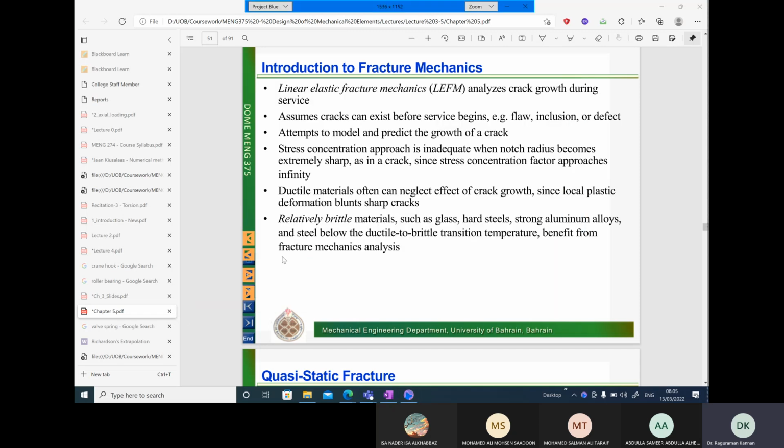So what is linear elastic fracture mechanics? In linear elastic fracture mechanics, we are going to include the presence of cracks, macro cracks, in a material. Any material you take will consist of micro cracks and macro cracks.